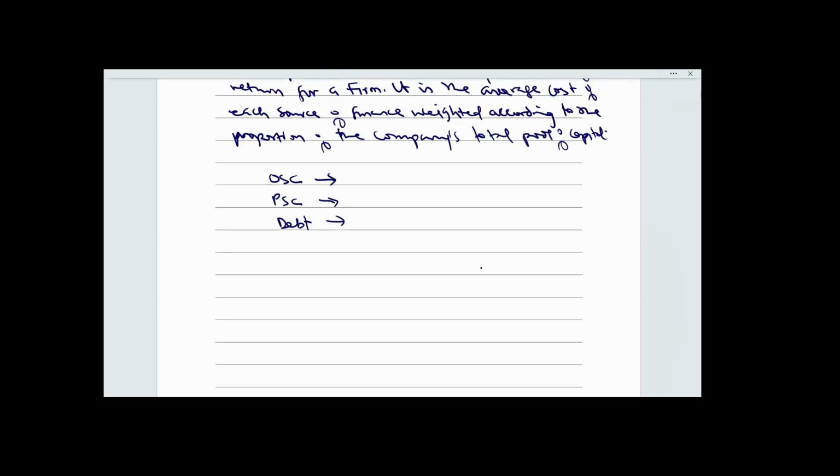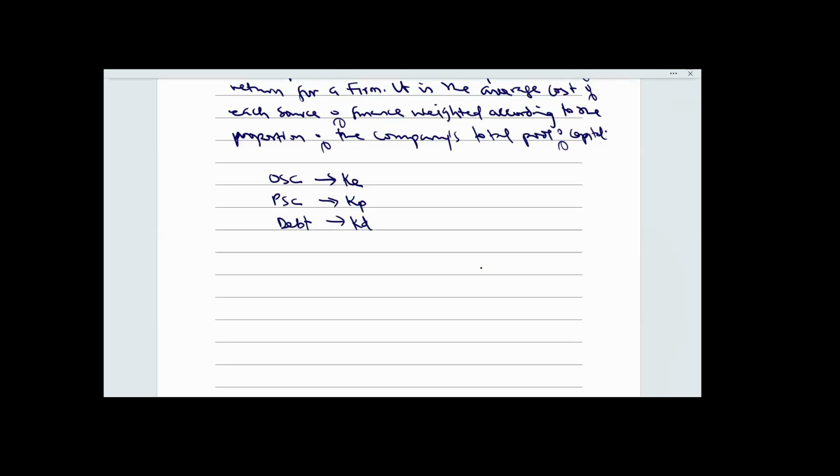So in this capital structure, the cost associated with ordinary share capital is what we know as cost of equity. Cost associated with preference share capital is KP, cost of preference share. The cost associated with debt is known as the cost of debt.